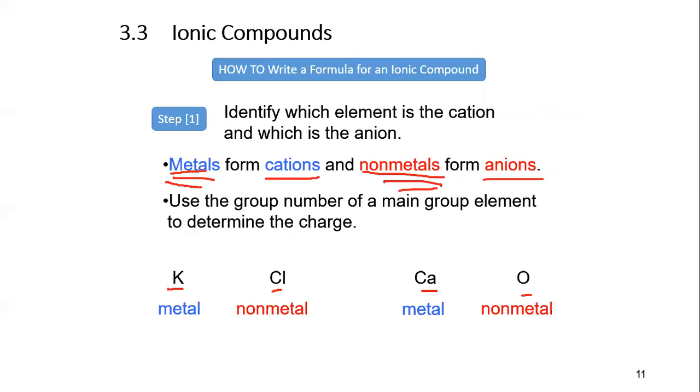And then we can use the group number to determine the charge of the ion. So we know that potassium is in group 1, it's going to be a +1, whereas calcium is in group 2, it's going to be a +2. Now chlorine or chloride is in group 7A, so it's going to have a -1 charge. Oxygen is in group 16 or 6A, it's going to have a -2 charge.